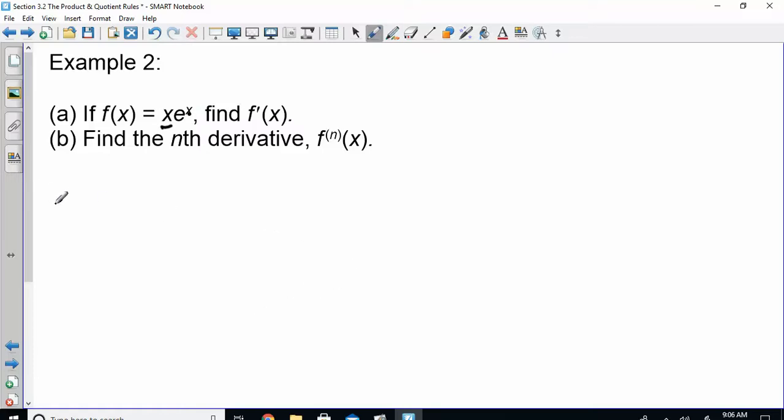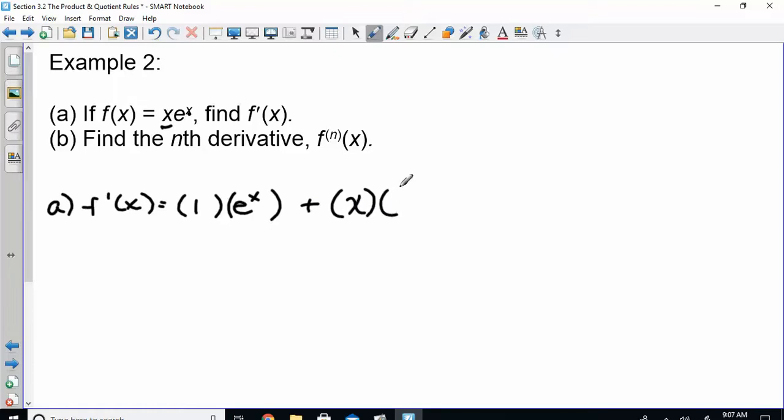So when we work through it, we do this derivative. Derivative of the first. So my first is my x here. Derivative of x is 1 times the second, which is just e to the x, plus the first, which is x, times the derivative of the second.